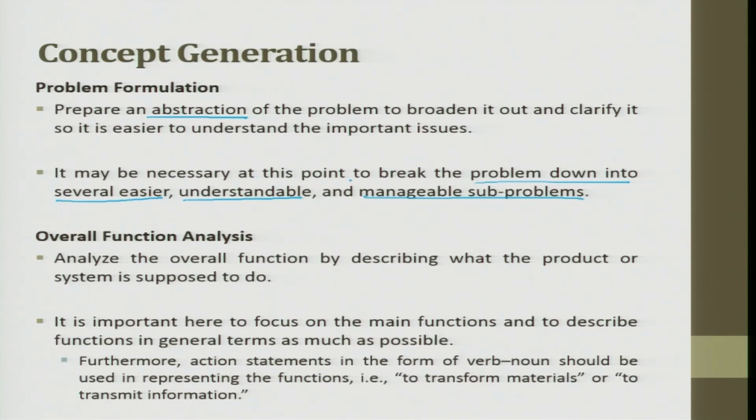So, it may be necessary at this point to break the problem down into several easier, understandable and manageable sub problems. For the overall functional analysis, analyze the overall function by describing what the product or the system is supposed to do.